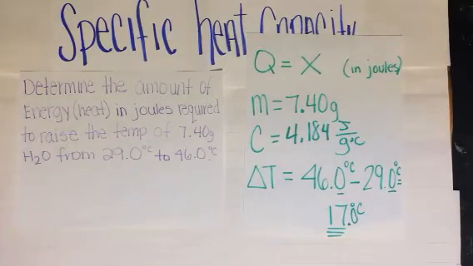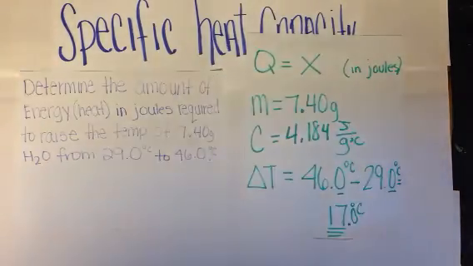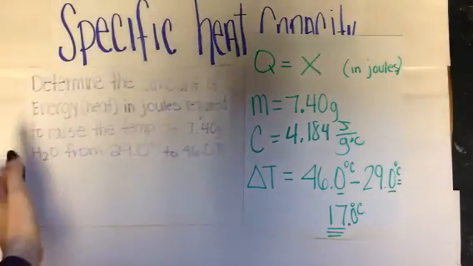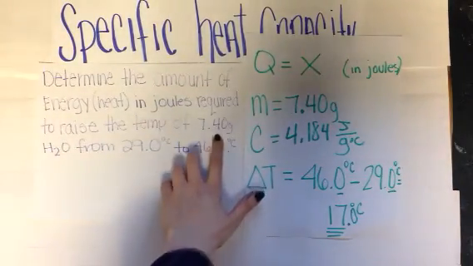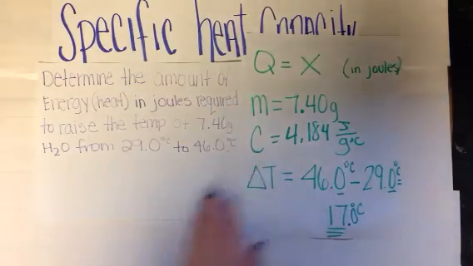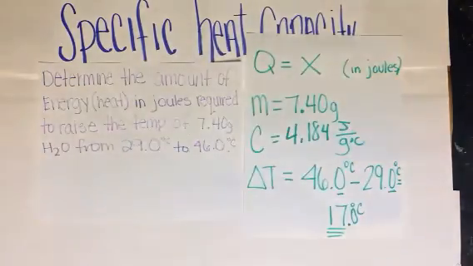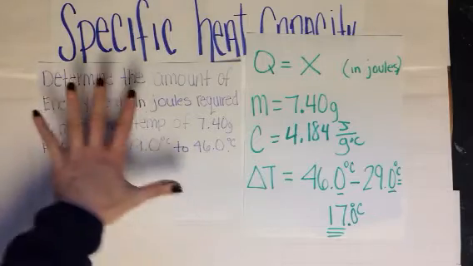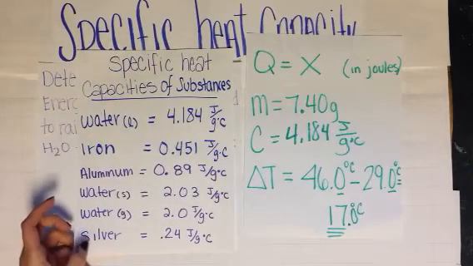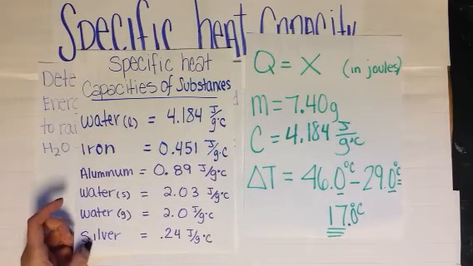I'm solving for Q, which is energy, so I set that to X. I have a mass, which is 7.40 grams, seen right here. And then I filled in my C, which is my specific heat capacity. Where did I get that from? It's not mentioned in the problem, but remember, you need to refer back to all the specific heat capacities seen here.